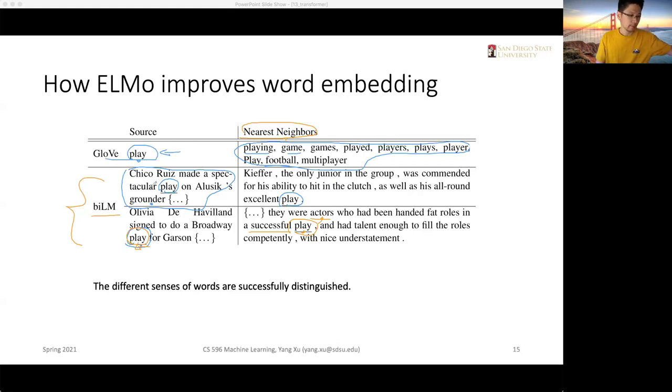So the model is successful in using the context information in a sentence to determine the meanings of a word. That's why this model is really impactful in the year 2018.